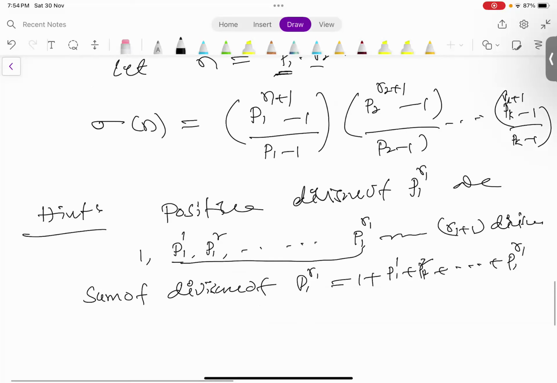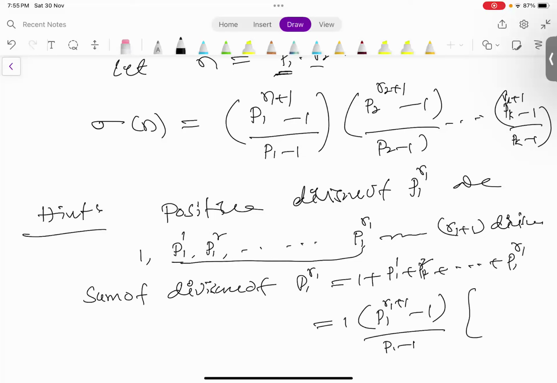Here there are r1 plus 1 terms. In the sum of r plus 1 terms formula, what is the value of a? a is equal to 1, so 1 into p1 power r1 plus 1 minus 1 by p1 minus 1.